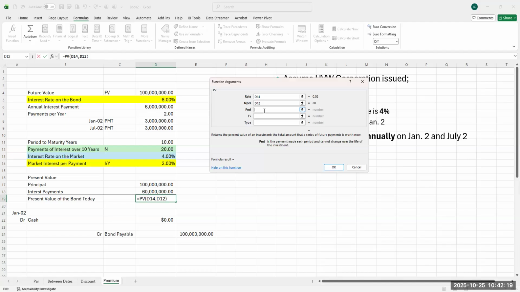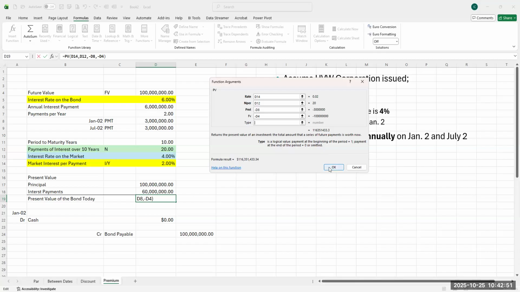Payment is the single payment that we're making on the date of the payment, which is 3 million. And since this is a payment for us, it has to be negative. Future value is the amount that we have to pay after 10 years, which is an outflow for us, also negative. And for type, we don't have to type anything here because again, it's at the end of the period.